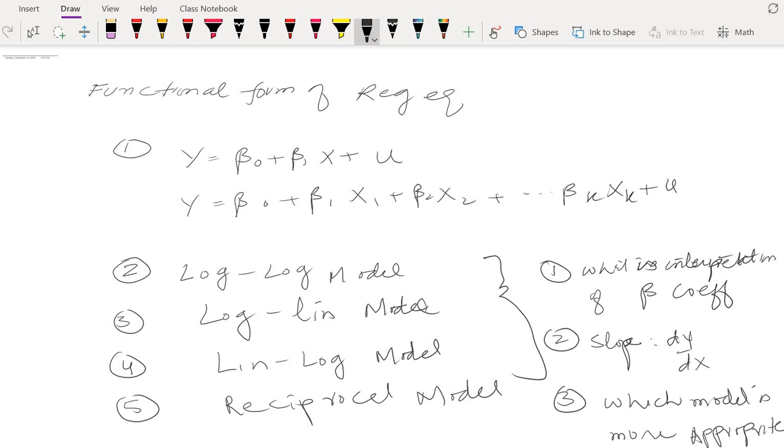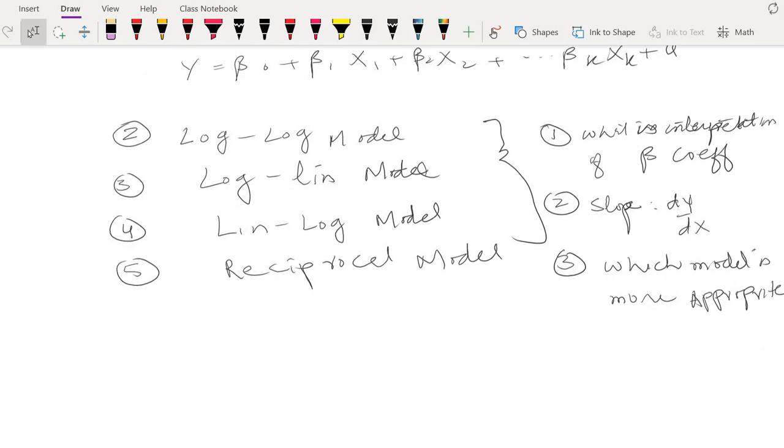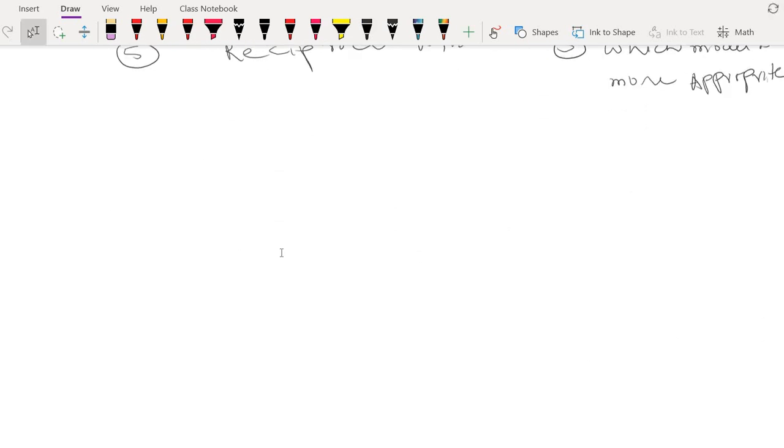Let's start with the kinds of models. The first model is the log model. Let's say we have model number 1.